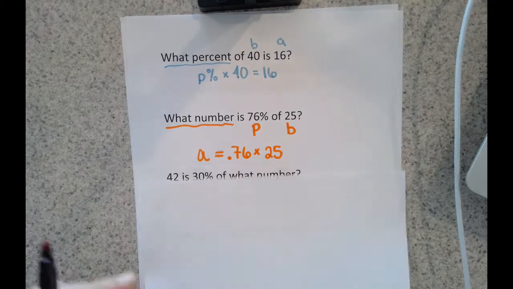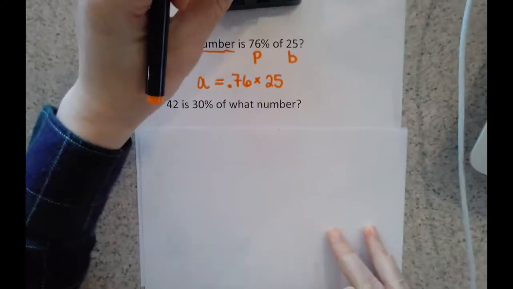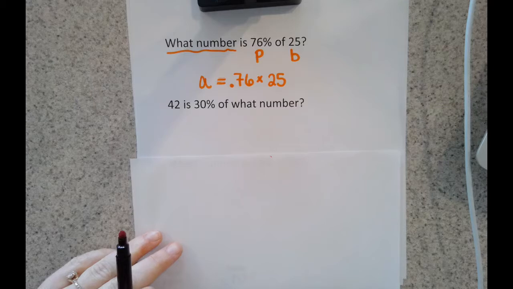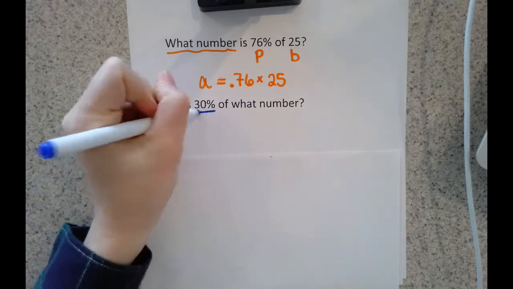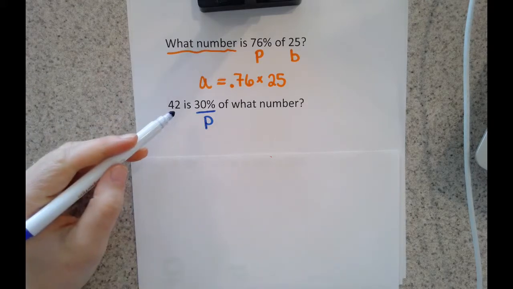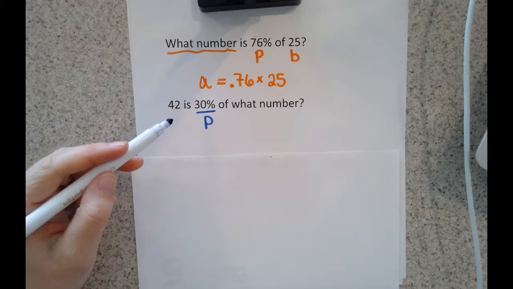Okay, let's look at another one. $42 is 30% of what number? Okay, in this problem, obviously we're given a percent. 30 must be P. Now the 42, we have to decide, is 42 the base or is it the part? 42 is 30% of what number?